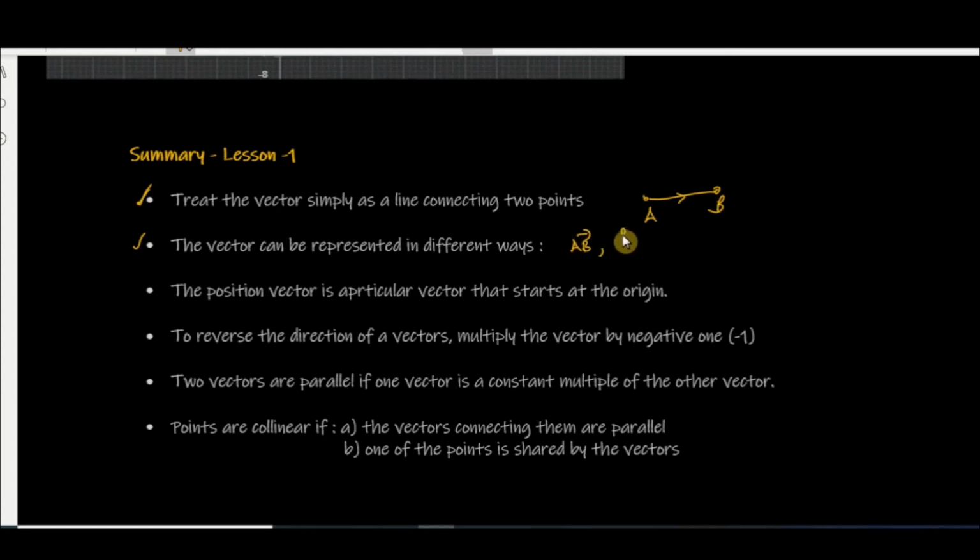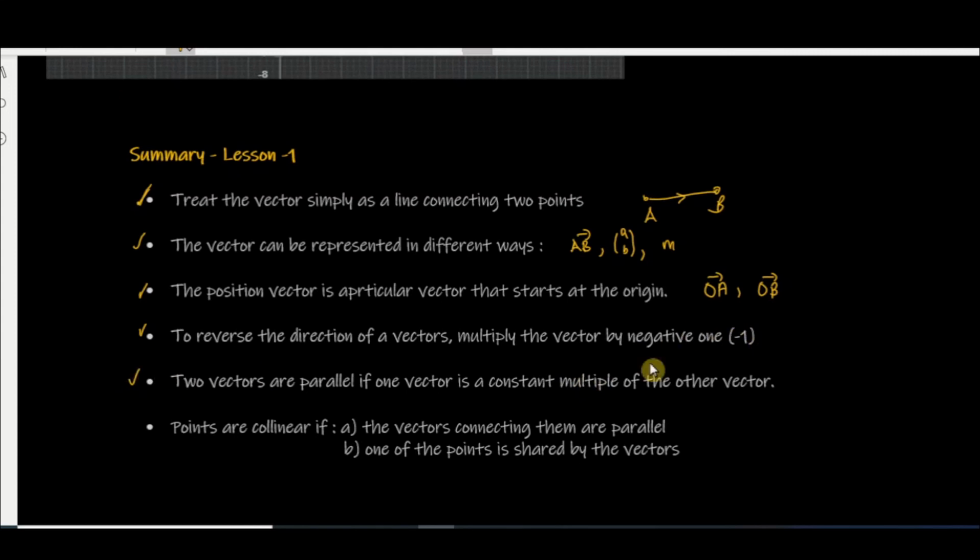We can use a column vector format, or we can simply use a lowercase letter to represent the vector. 3. The position vector is a particular vector that starts at the origin. So it begins with an O for origin, looking something like this. 4. To reverse the direction of a vector, simply multiply the vector by -1.